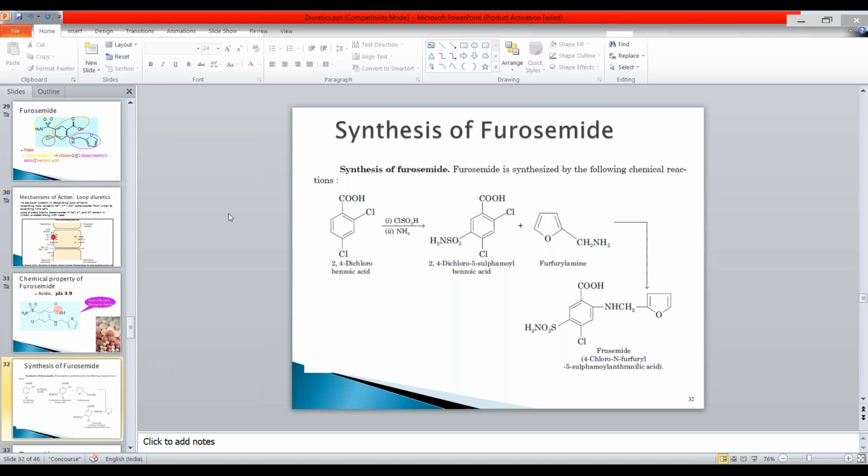This topic is there for your sessional exam. If you want, I can repeat the syllabus that you have for your sessional exam. Entire Unit 1, entire Unit 2, and from Unit 3, you have only antiarrhythmic agents. You don't have antihyperlipidemic and anticoagulants.